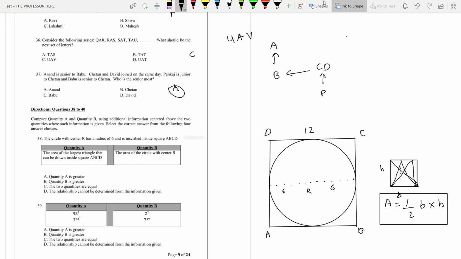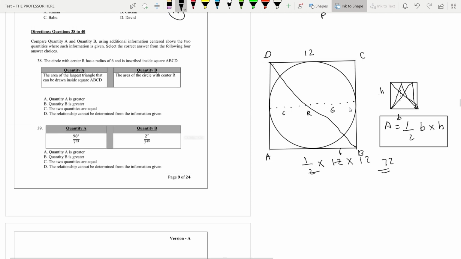Maximum area is for all of these triangles, so we can draw any of them. Let's take this triangle. Half BH is half into 12 into height 12. So 6 times 12 becomes 72, which is actually half of the area of the square, which is 144. So the area of the largest triangle that can be drawn inside the square ABCD is 72.